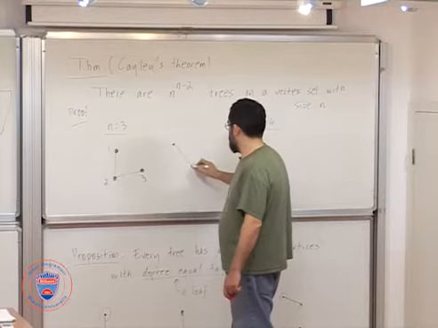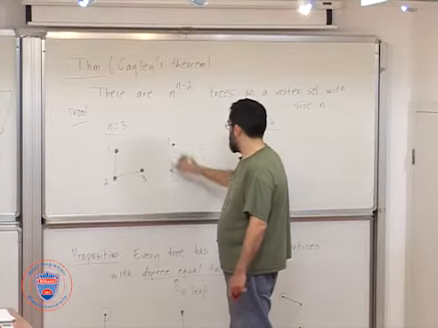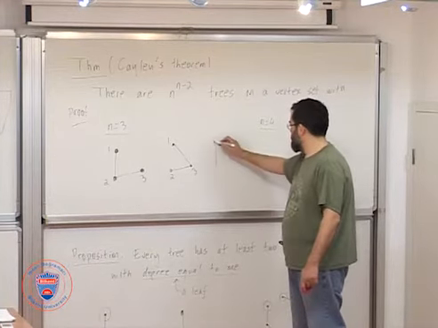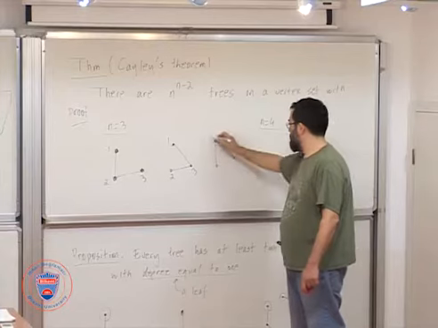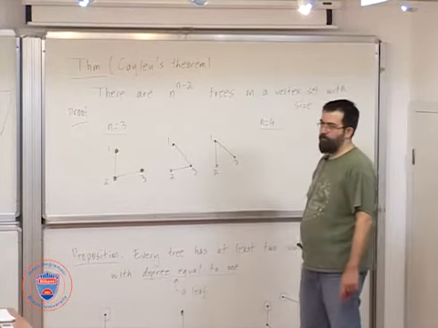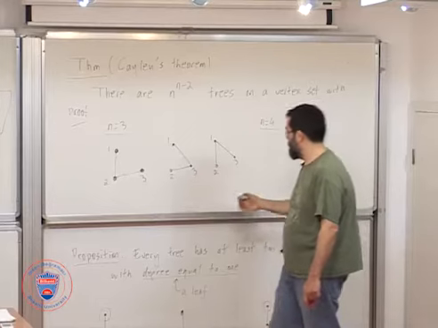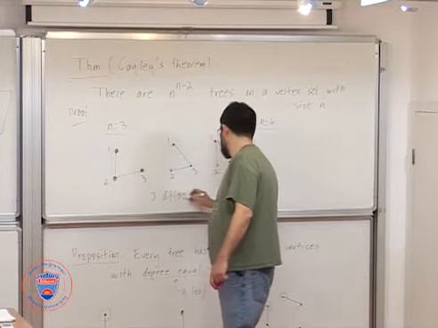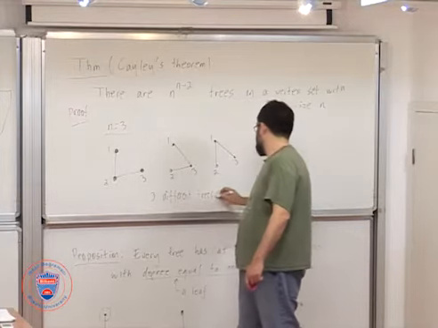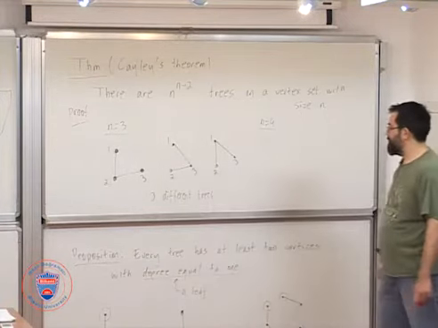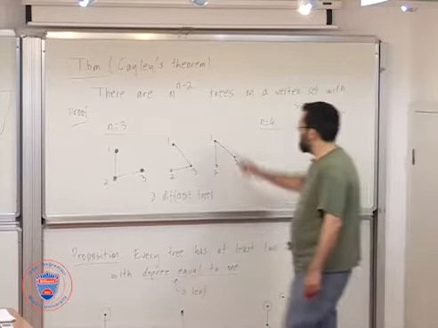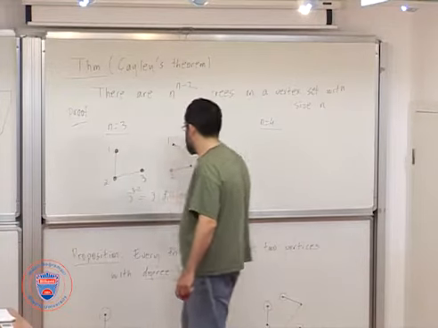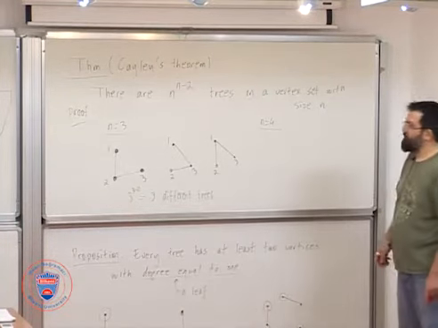You could also use this. You could also use this. So you actually have three different trees, 3 possible trees. And this is exactly what this says: it should be 3 to the power 3 minus 2, so 3. That's correct.